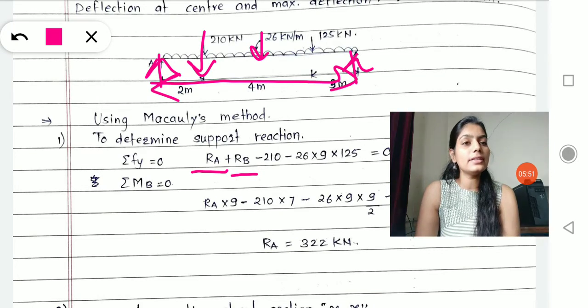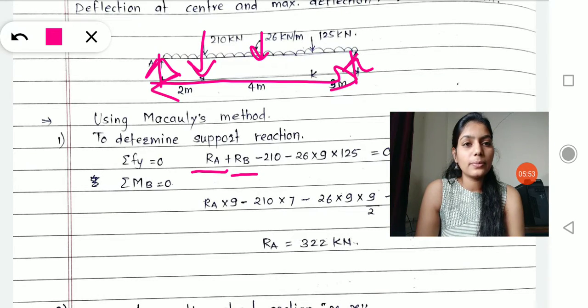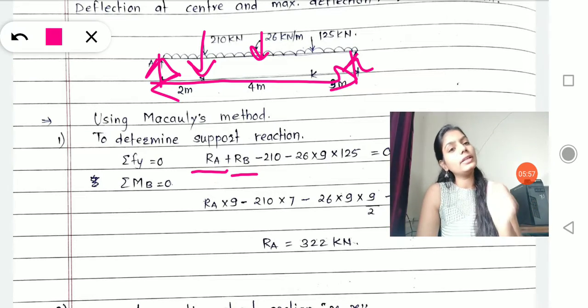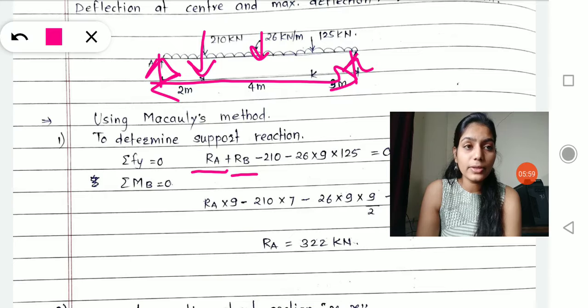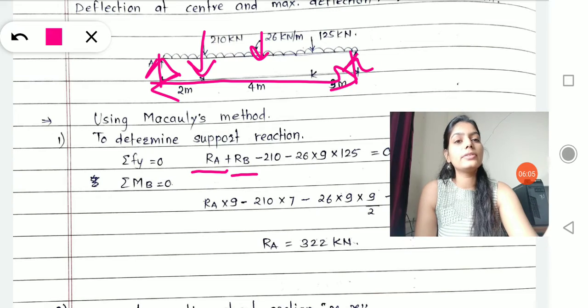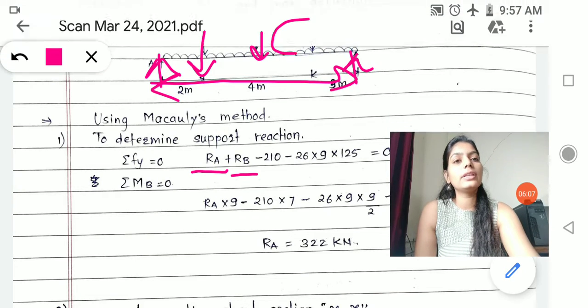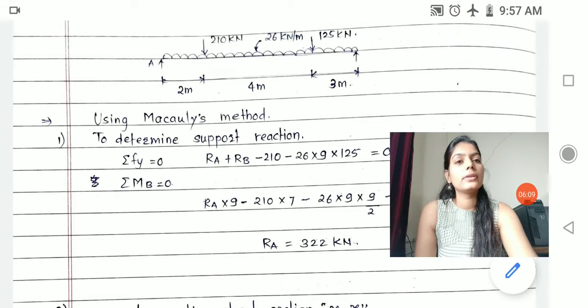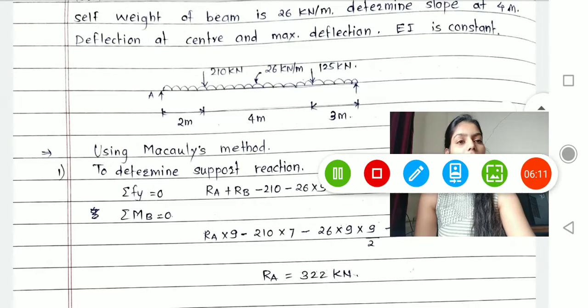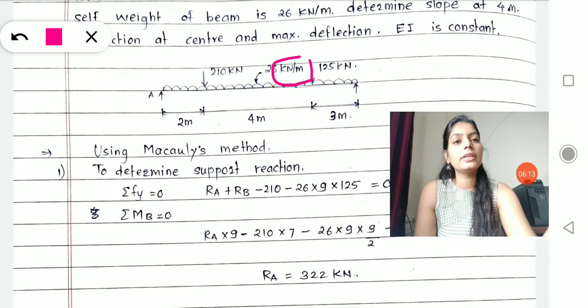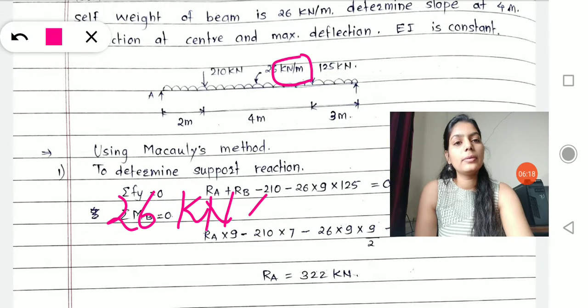Why have I done this? Because whenever you have a uniformly distributed load, you first convert it into a point load. How do you convert that? Force into how long its span is. A uniformly distributed load always comes with the unit kilonewton per meter. So it is 26 kilonewton per meter.